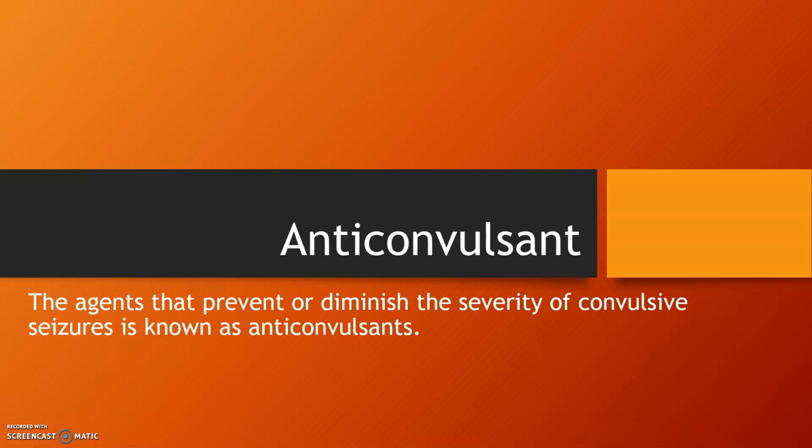The drugs or agents which prevent or diminish the severity of convulsions or seizures are known as anticonvulsant drugs. The drugs which are used in the treatment of convulsion, epilepsy or seizures are known as anticonvulsants. It is also called anti-epileptic.